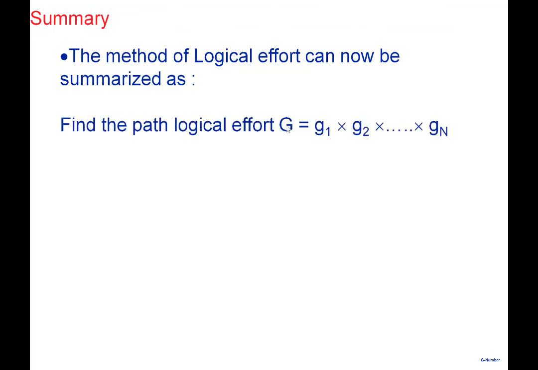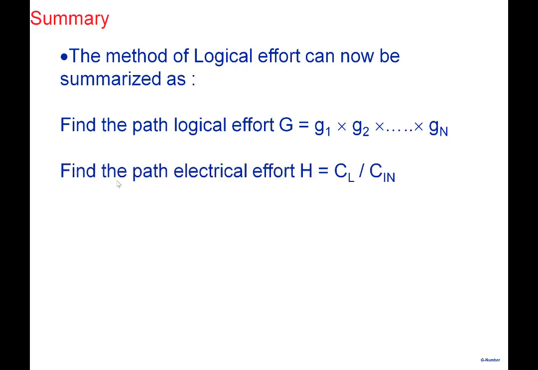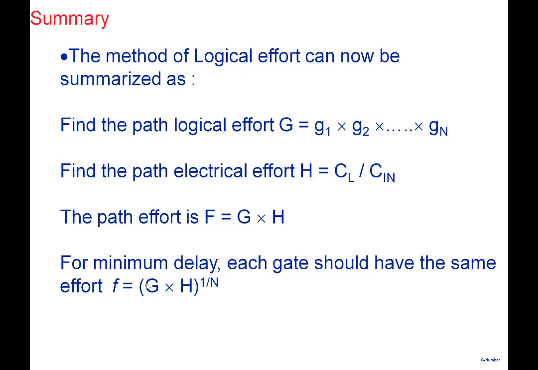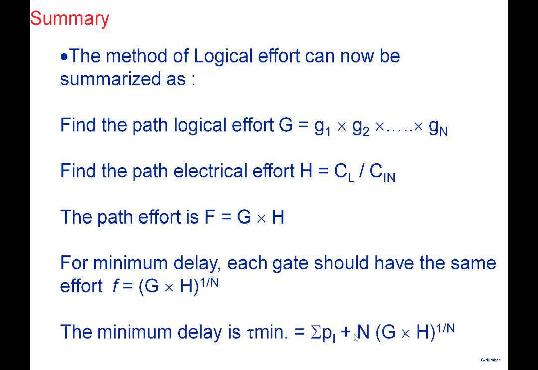The method is: for the total path, find the logical effort, multiplying all the G's together; find the path electrical effort, CL by Cin. The path effort F is equal to G into H. So this is the logical effort, this is the electrical effort, this is the path effort. And for minimum delay, F is (G into H) to the power 1 by N. And the minimum delay, of course, is given by this here.